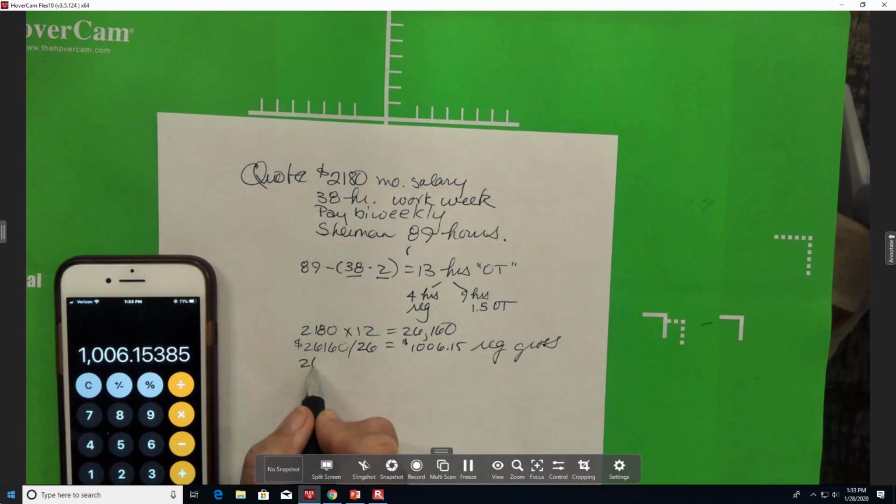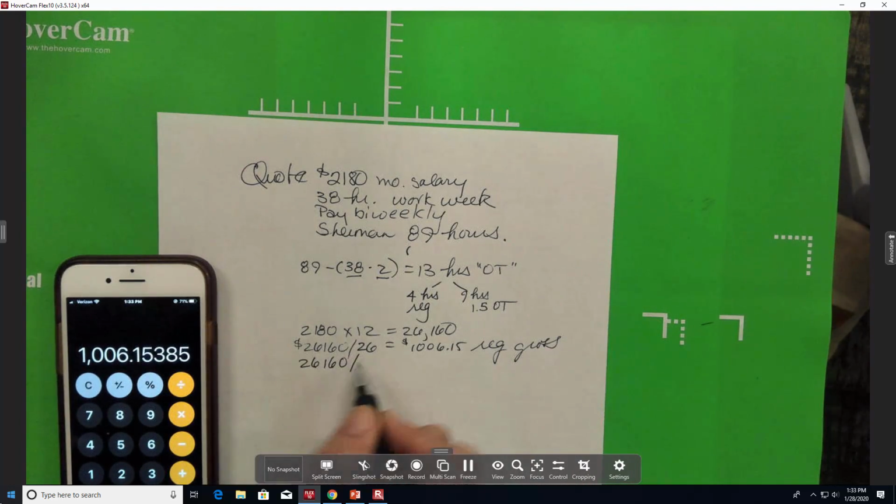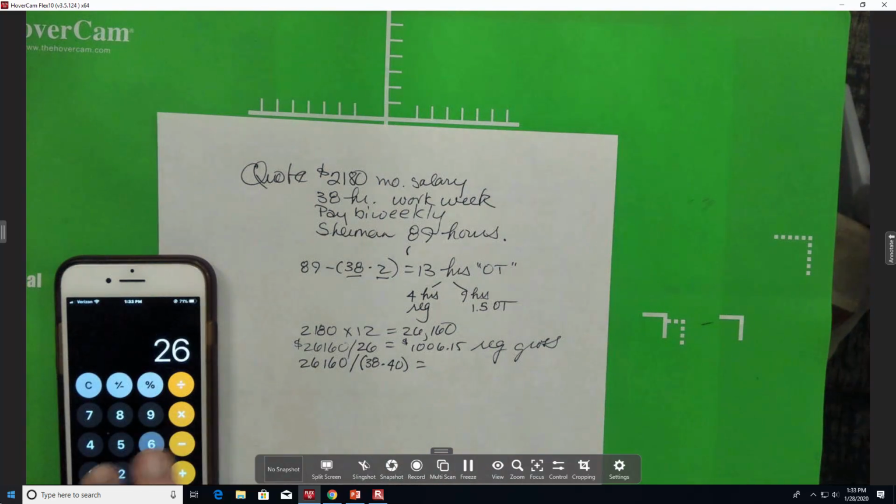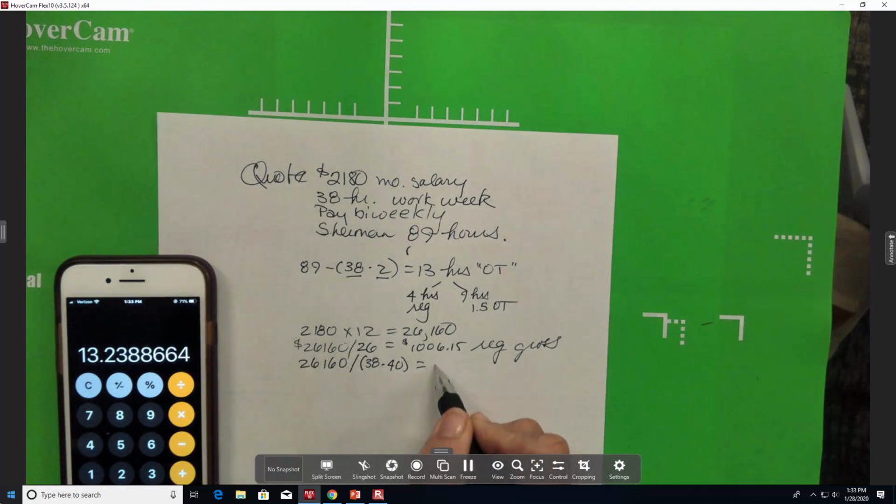What do I divide by to get her hourly wage? 26,160 divided by 1,976 hours. What am I going to label that again? Her regular hourly rate, right?